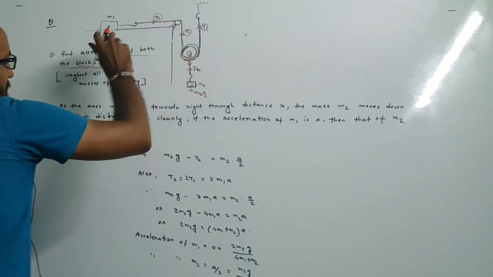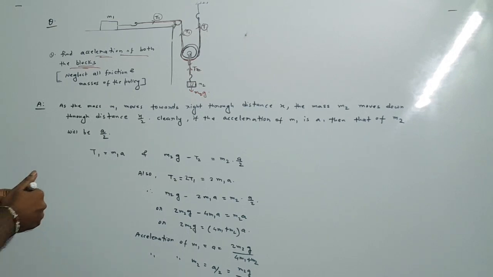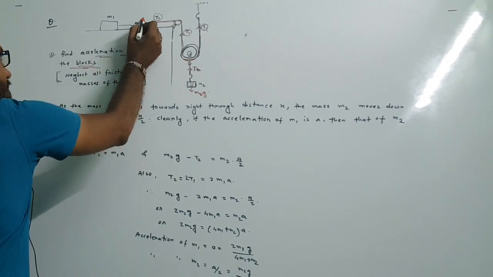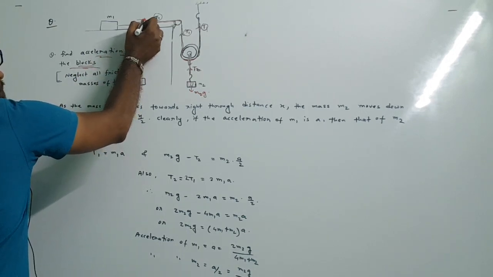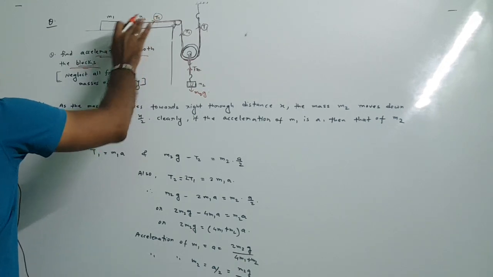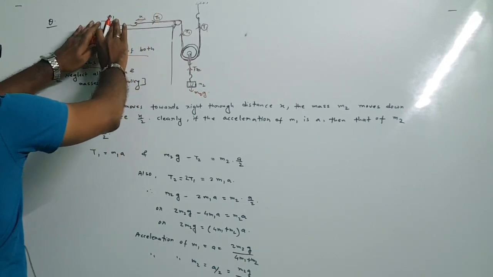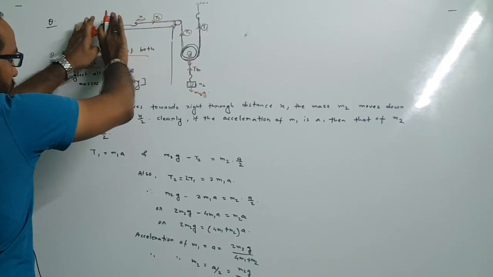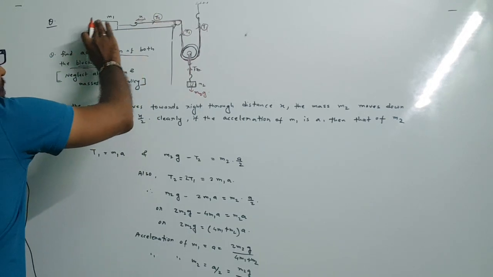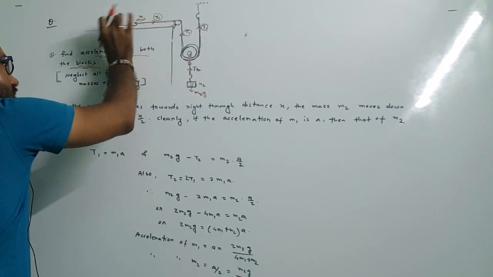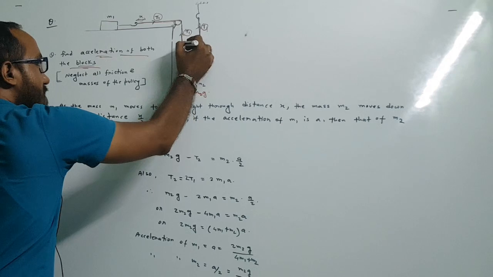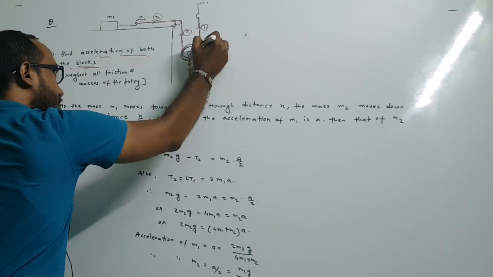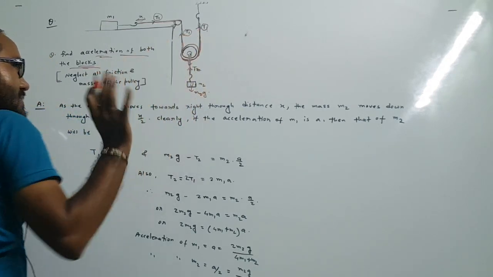In this type of problem, always remember, if this block moves some distance, let us say x distance towards the right, that means the overall movement of the string on the pulley would be x.